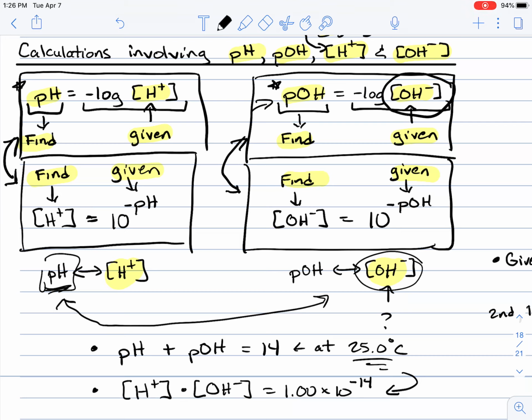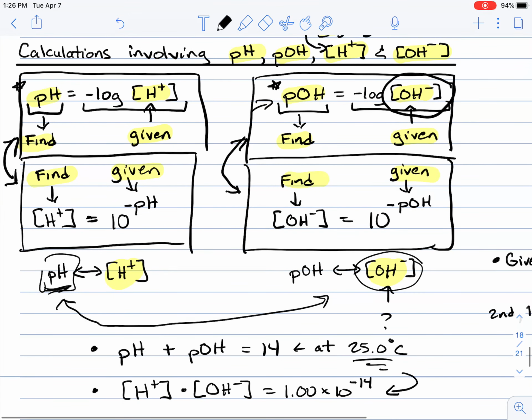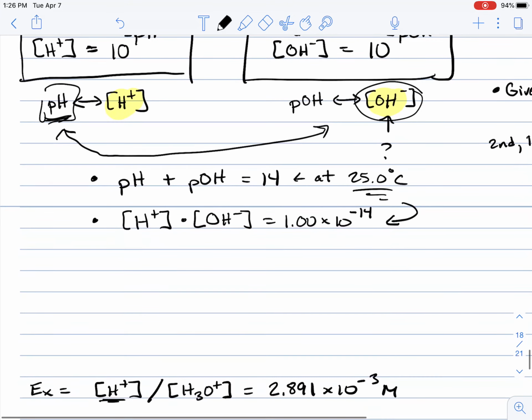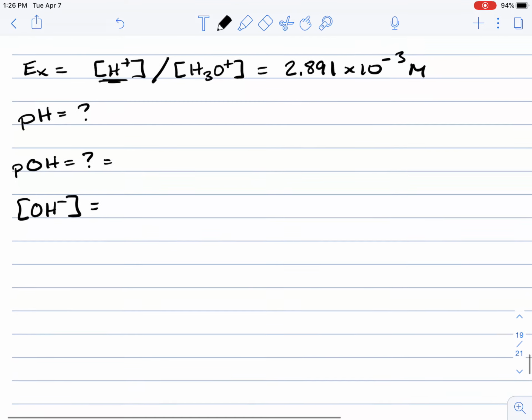Great. And so what we're going to do is look at a couple of examples to demonstrate how these equations are used to convert from one substance to another, from pH to pOH, etc. All right. So the first example that we're going to do is this one.